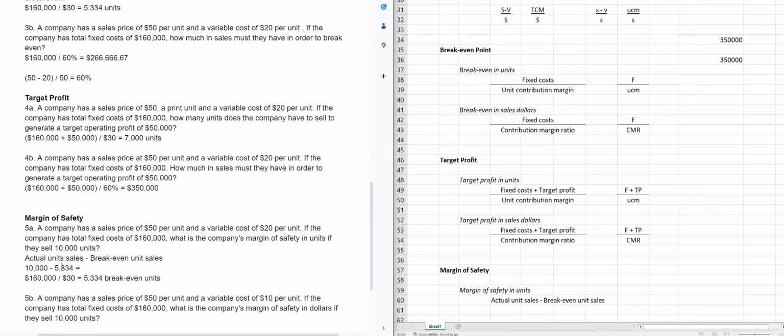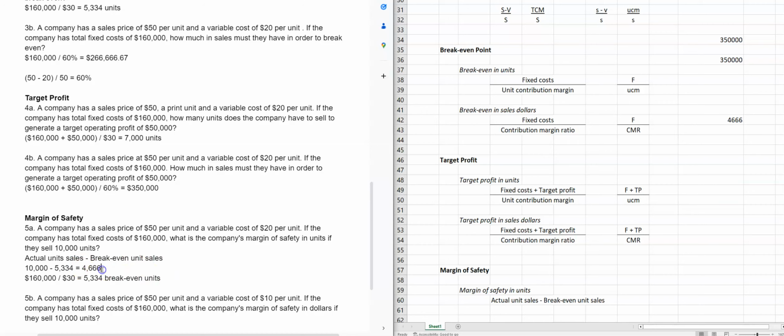So our margin of safety, how close we are to our break-even and to getting into the red, would be 10,000 minus 5,334, which is 4,666.